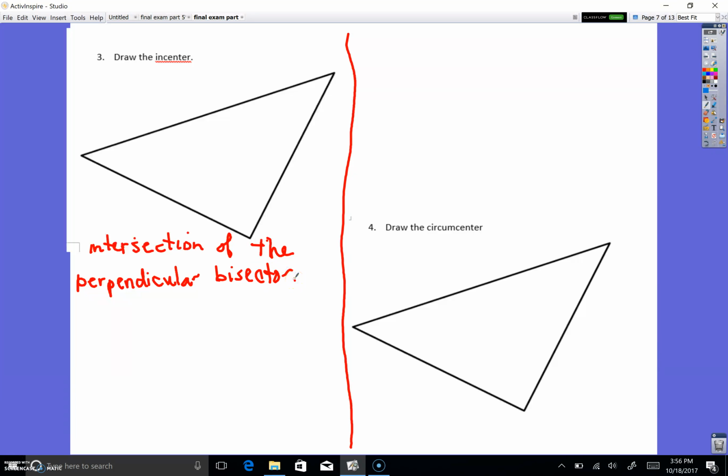Okay, what the perpendicular bisector is, it cuts the vertex in half. So if I were you, I would use a protractor here.